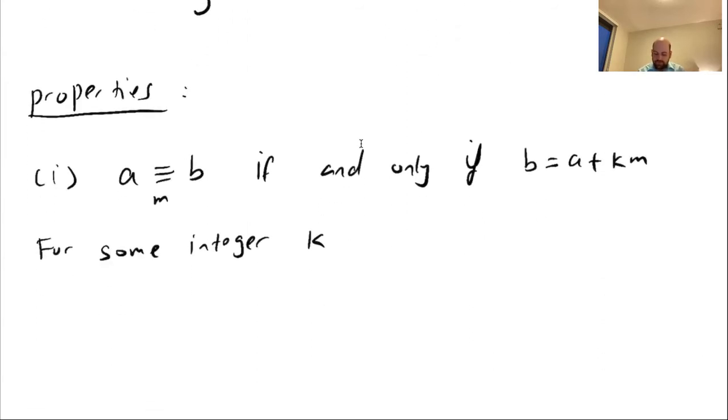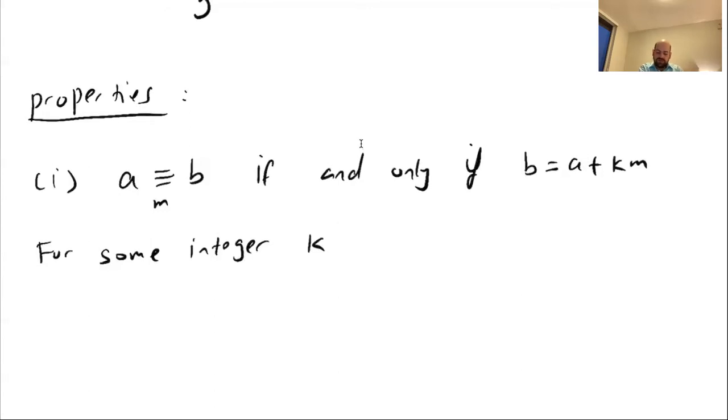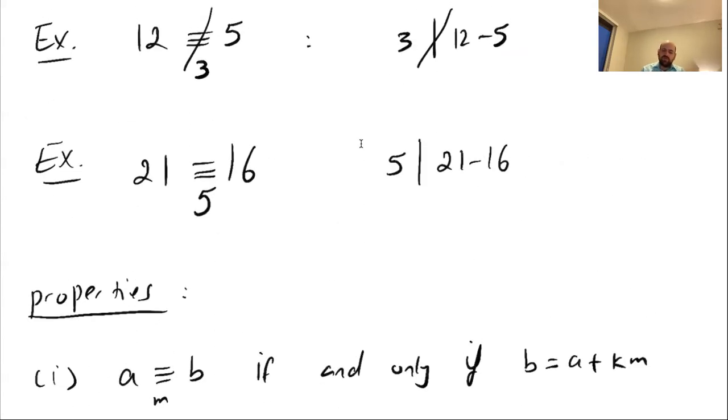So two numbers are congruent if one of them can be written as the other one plus a multiple of m. You could see in this example, 21 and 16 were congruent. Why? Because one of them, which is 21, was written as the other one, which is 16, plus 5. And 5 is, of course, a multiple of 5. So one of them should be written as the other one plus a multiple of m.